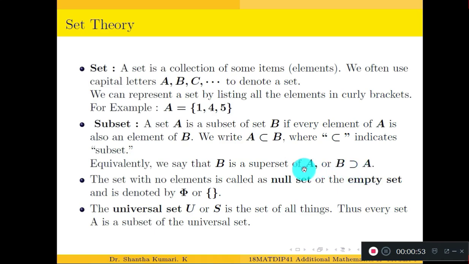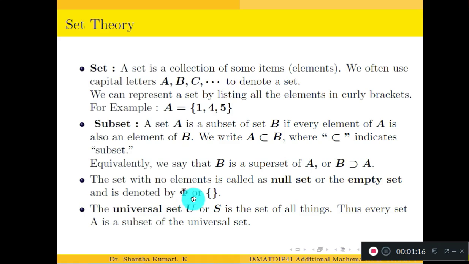If you have a set with no elements, that is called a null set, or we also use the term empty set. We use the notation phi or curly brackets without any elements inside.